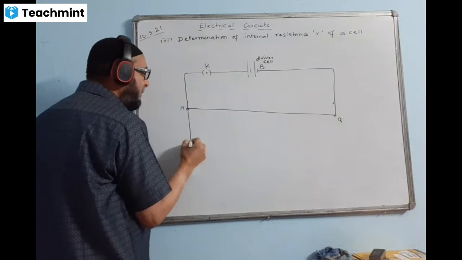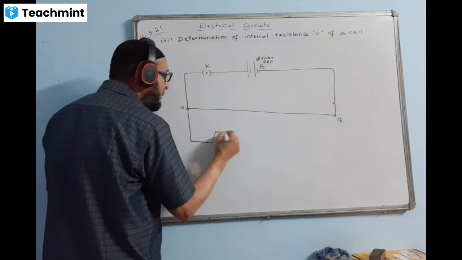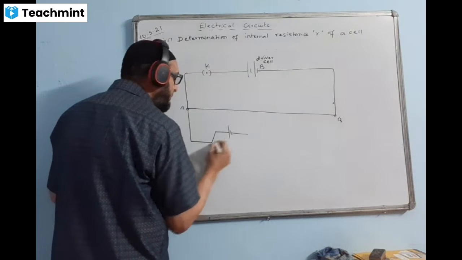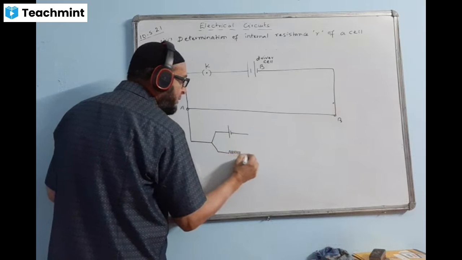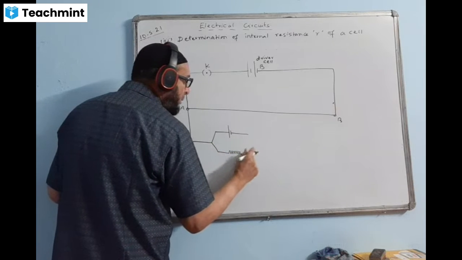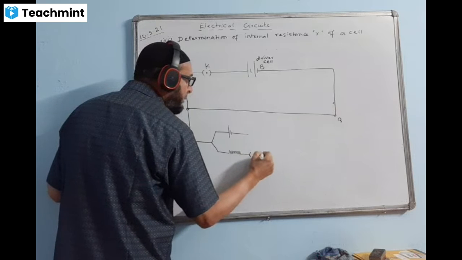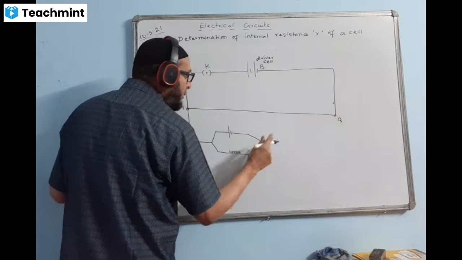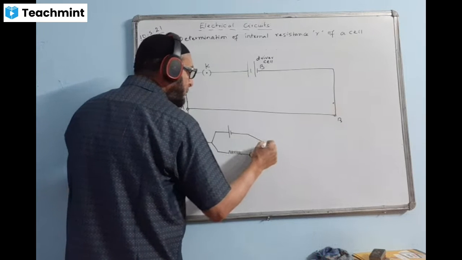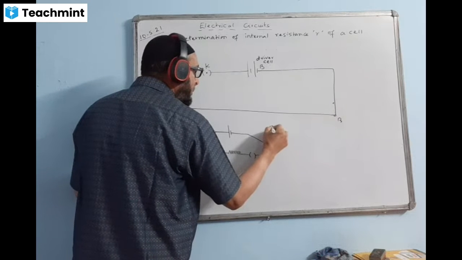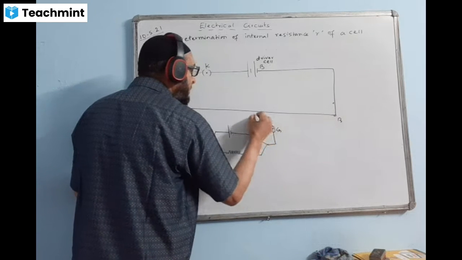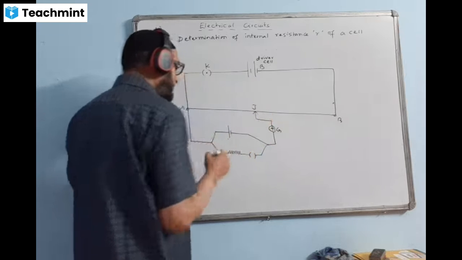And now we will be having a cell here, and down there will go a resistance with a key here, a galvanometer and a jockey like this.